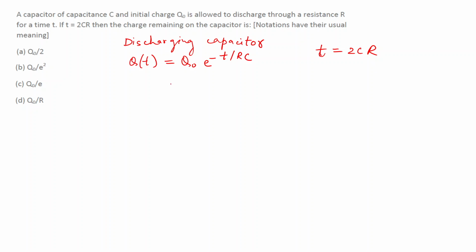So substituting this, it will be Q0 e to the power minus, time is 2CR divided by CR. So this is Q0 e to the power minus 2, which is Q0 divided by e square. So the charge remaining on the capacitor is Q0 over e square. Yes, option B is the correct answer.